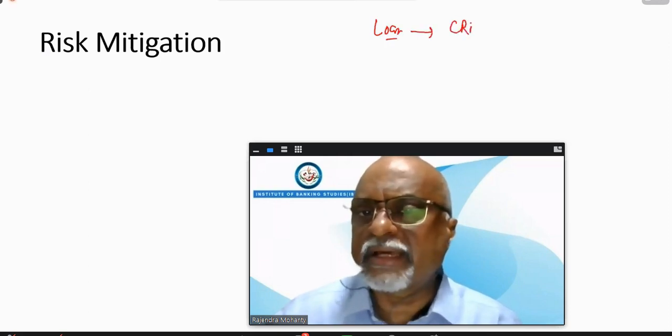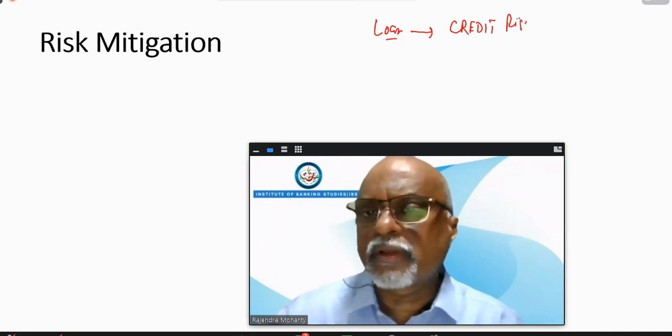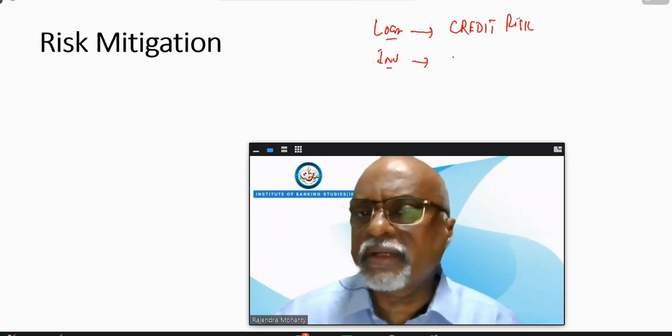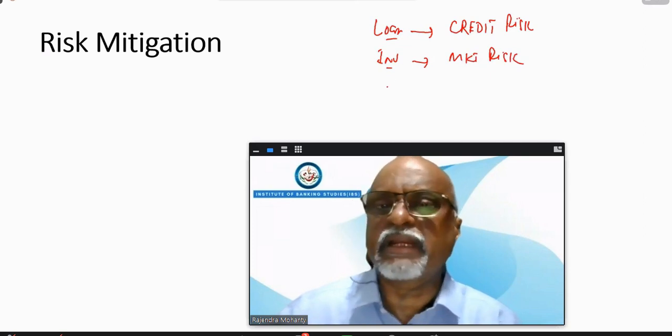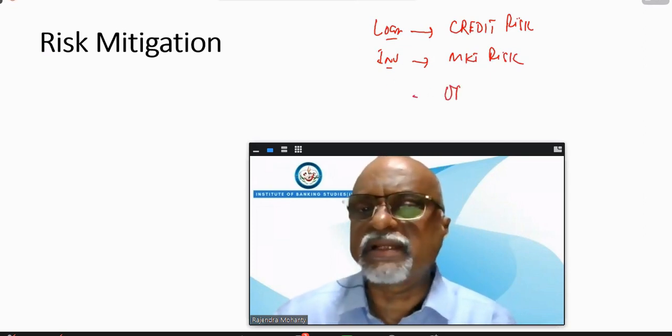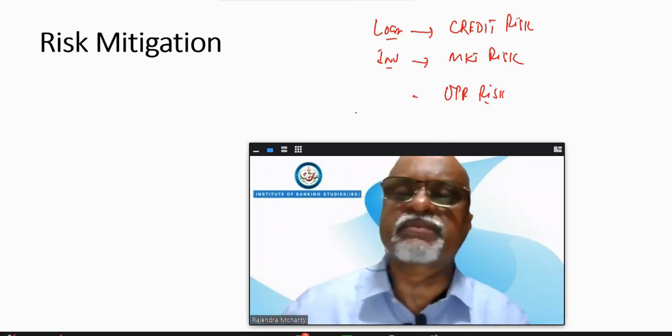So basically we can see that risk is divided into 3 categories as per our balance sheet. Loan is where we are most exposed, so that risk is called credit risk. Then our investment is there. Investment is market risk.